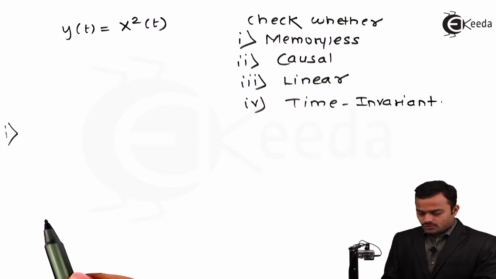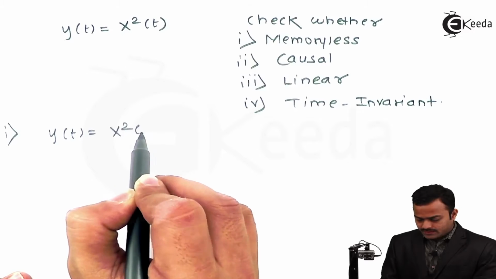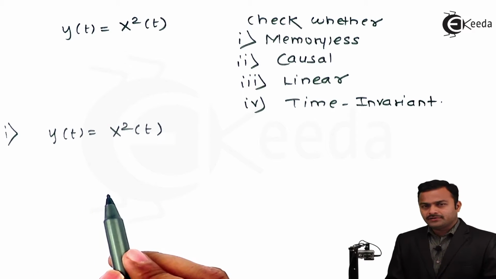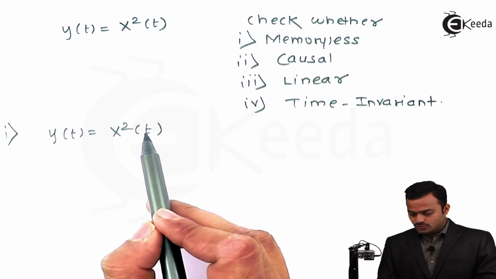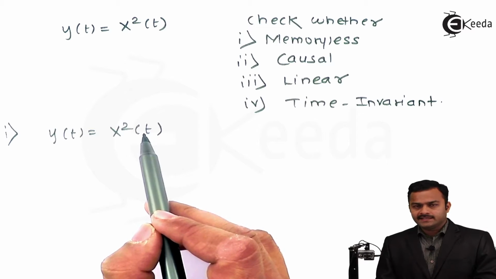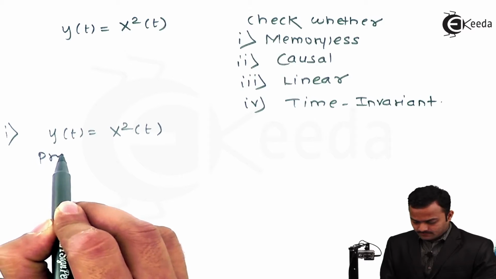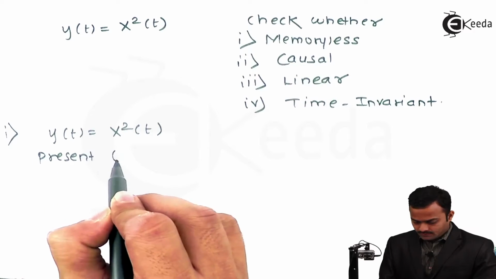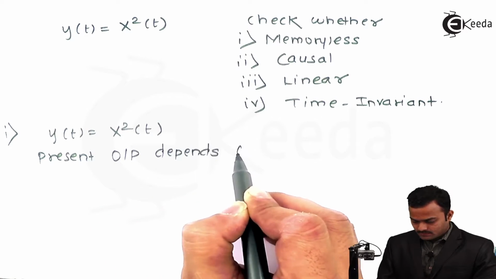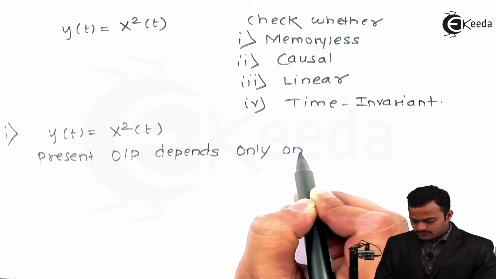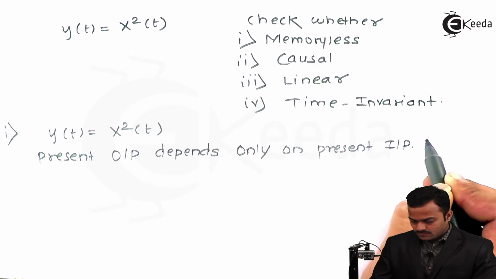First, over here it is quite obvious that y of t is x square t. For any value of t, y of t depends only on the present input, because there is no term involved here saying it is a shifted signal. So I can say the present output depends only on the present input of a system.